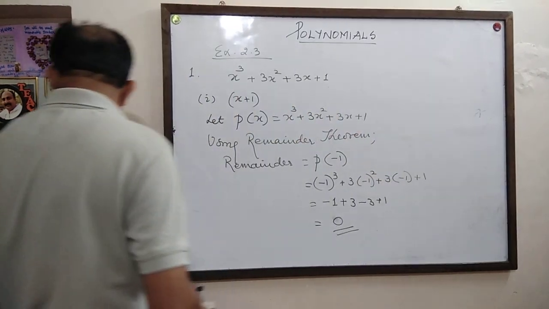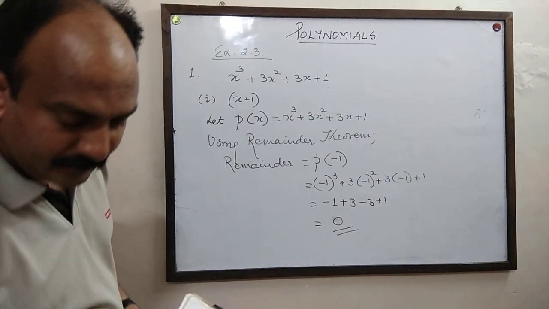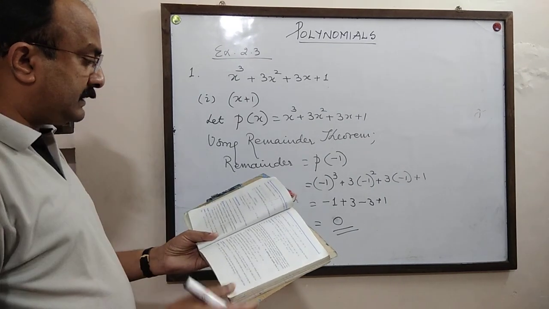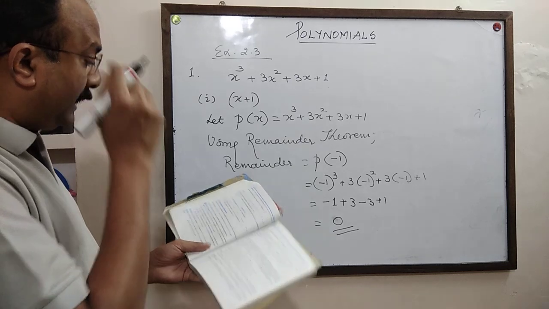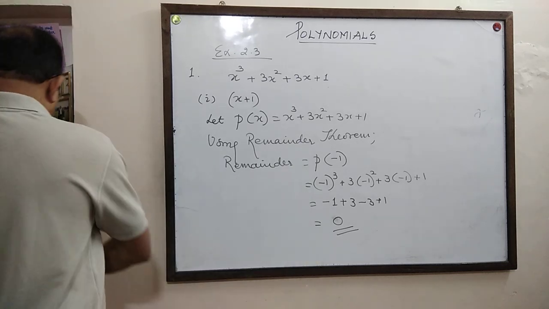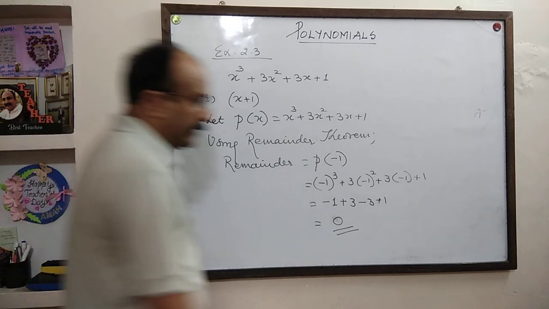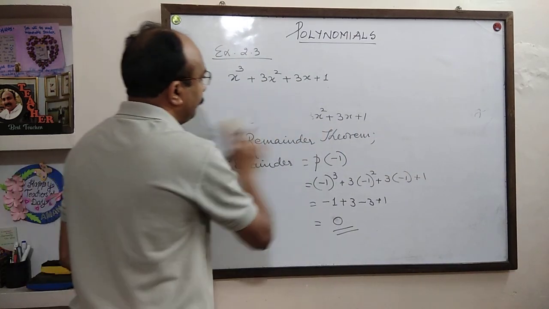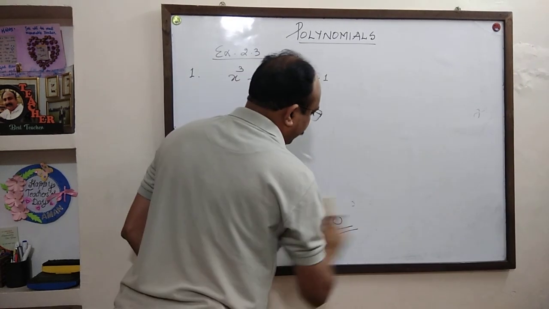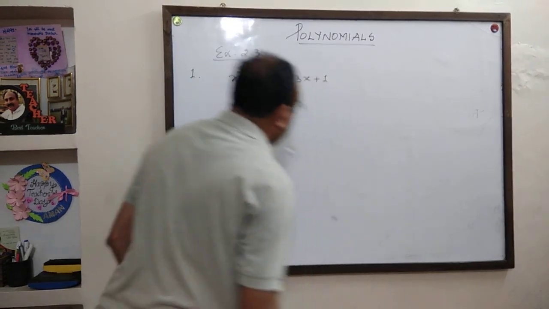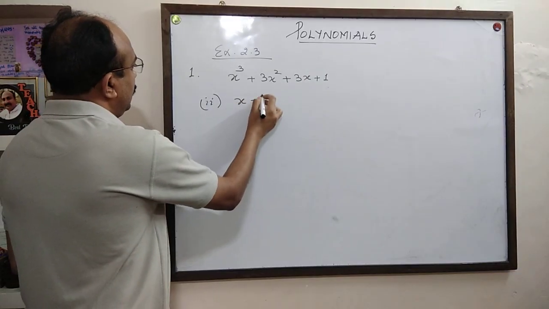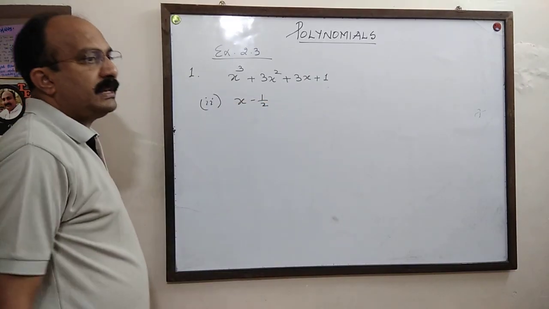Now second question. Second question is, find the remainder when p of x is divided by x minus 1 upon 2. X minus 1 upon 2 is the divisor.